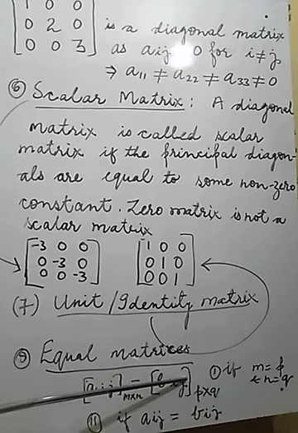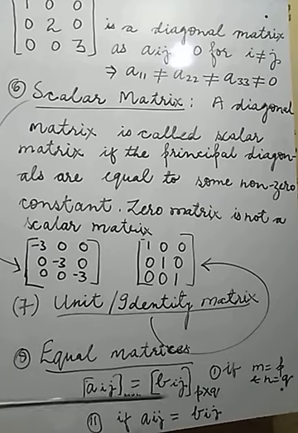Now consider the third row, meaning respective elements must be equal also. So two conditions are there. If they have equal order and their corresponding elements are also equal, only then these two matrices would be called equal matrices.